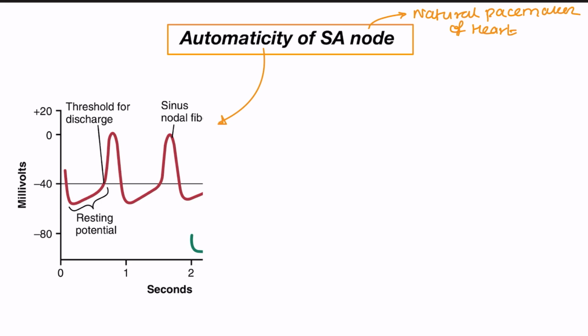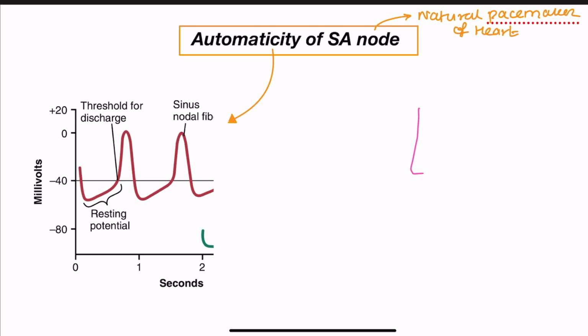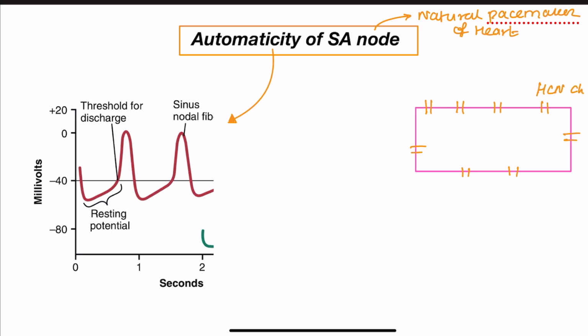This graph represents the electrical activities in SA node. Let's assume that this is SA node. In SA node, there is the presence of some special channels. These channels are called HCN channels, where HCN stands for hyperpolarization activated cyclic nucleotide channels.